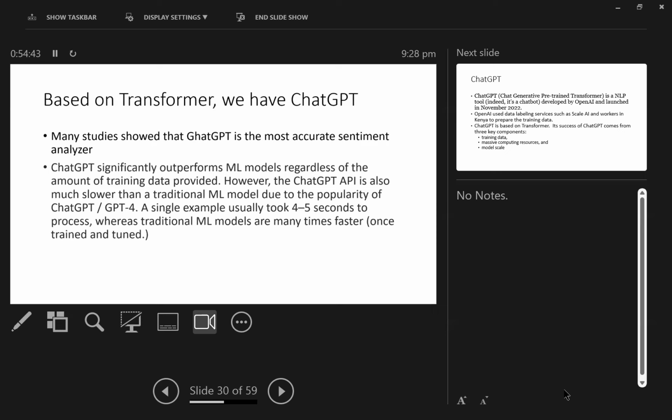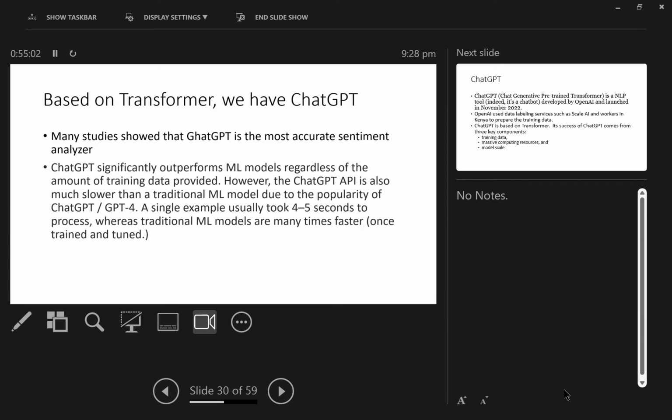Now once this transformer was proposed, the research community already knew that this model would have tremendous impact on the natural language processing field.